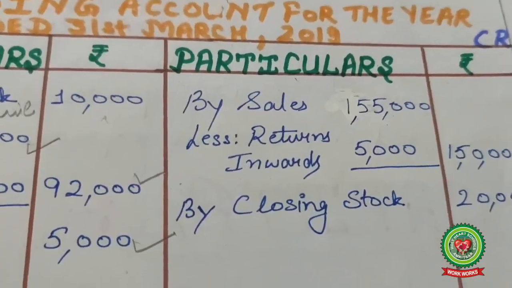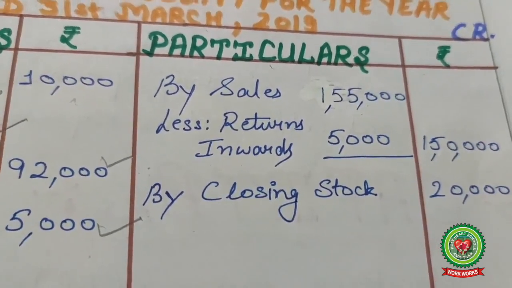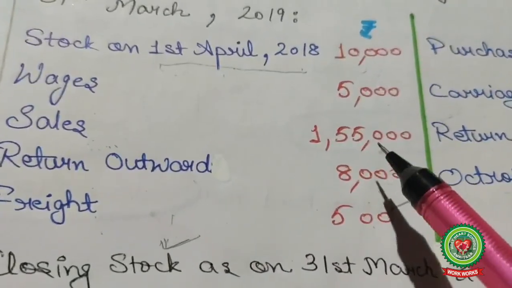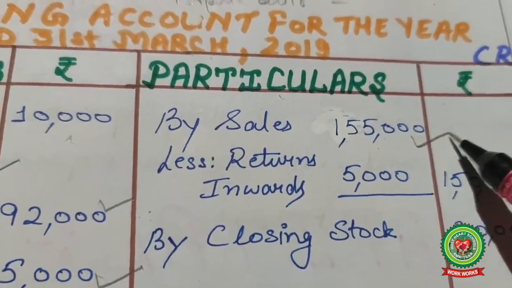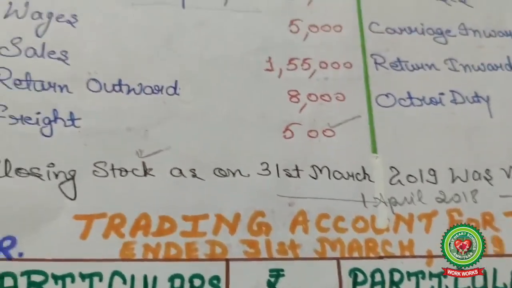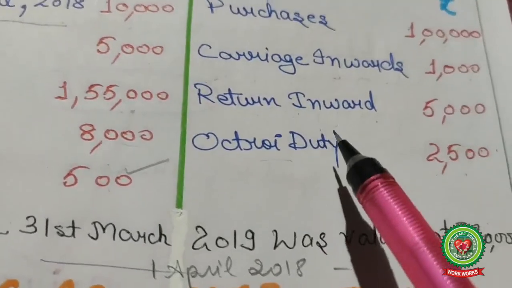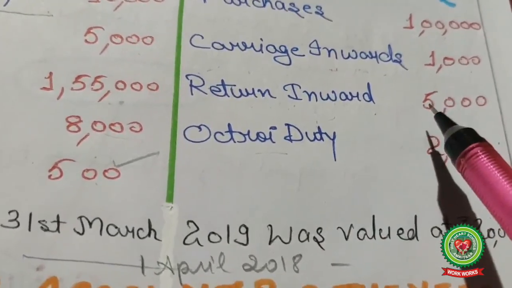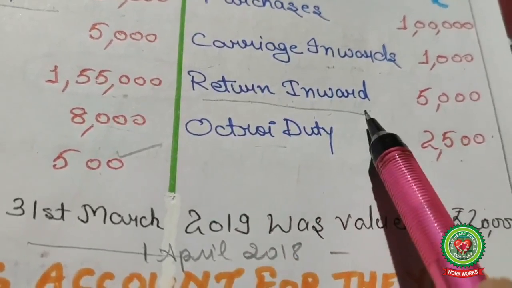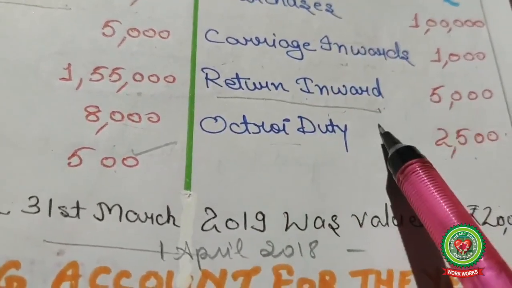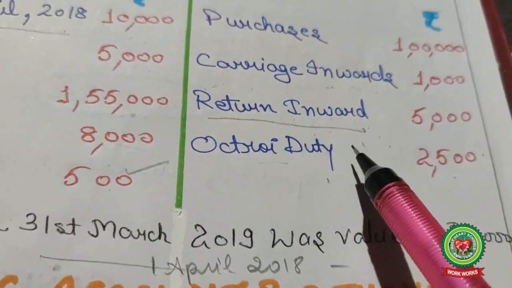Now the credit side. First of all sales, your income, what you receive. So 1,50,000 recorded here. Now sales return, it means return inward. Firstly goods go outward in case of sales, then defective goods come inward from the consumers.